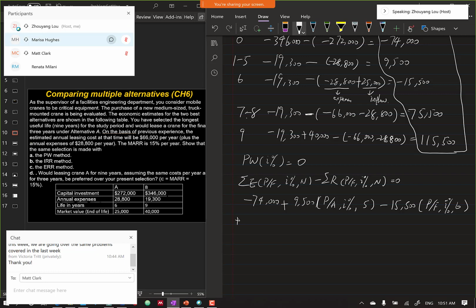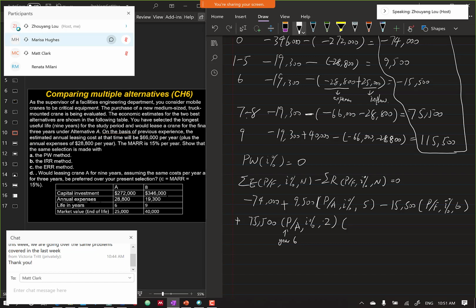We have this annuity, 75,500. So that's the annuity we have. We need to find the present worth at year 6. Then we don't know this one. Yeah, that's 7A, that's 2 years.